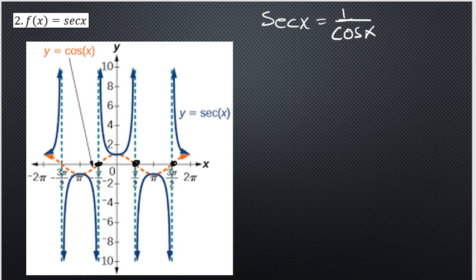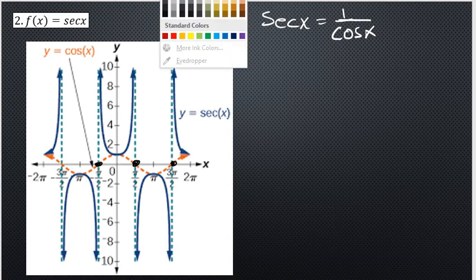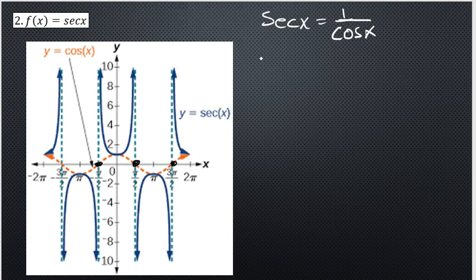Now we need to focus on the general behavior. By the way, as with the sine function, here the cosine is a downward parabola between negative pi over 2 and pi over 2, and between pi over 2 and 3 pi over 2, it's an upward parabola.